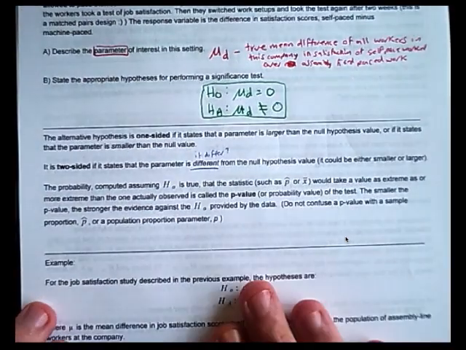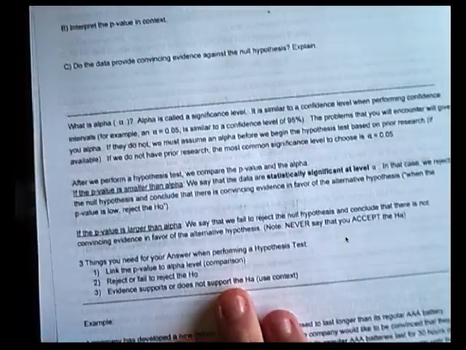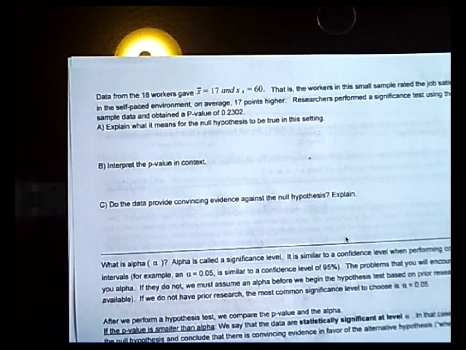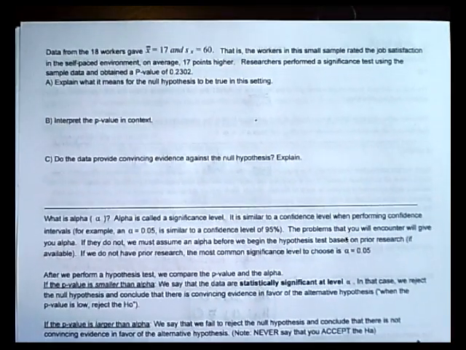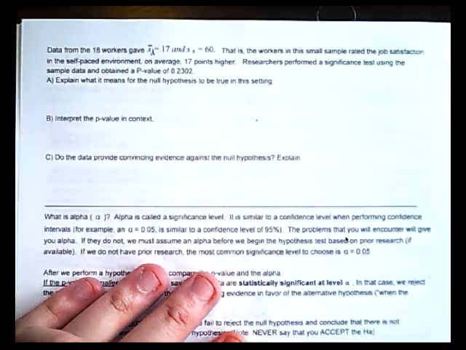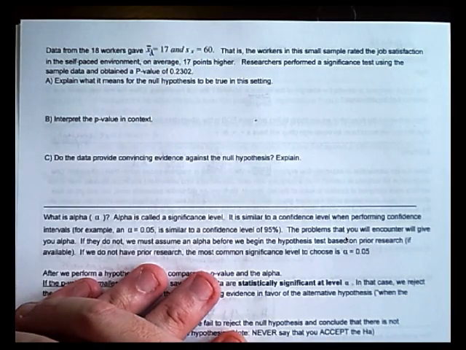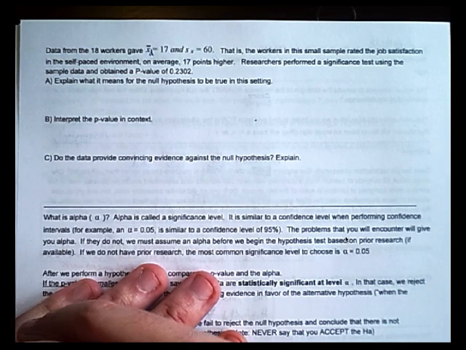So at the bottom of this page, it just kind of reinforces that first example. So we're going to continue on that example. It says data from the 18 workers gave a sample difference, we should really write that as x bar sub D, of 17 and a standard deviation of 60. That is, the workers in the small sample rated the job satisfaction in the self-paced environment on average 17 points higher.